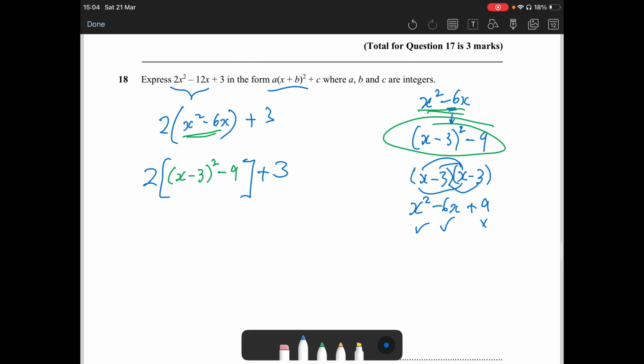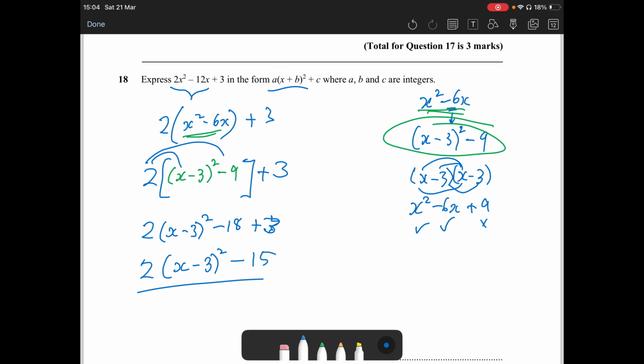And all that's left now is tidy up. So 2 times that bracket there. So 2 bracket x minus 3 squared. 2 times negative 9 is minus 18 plus 3. The last final move you've got to do is just to do minus 18 plus 3, which equates to minus 15. So there it is.